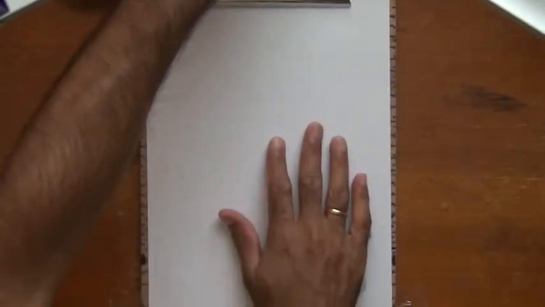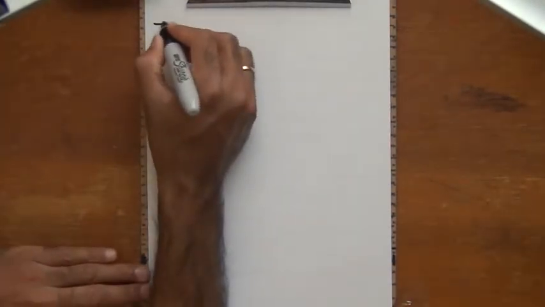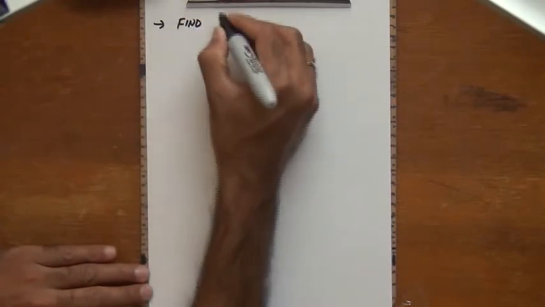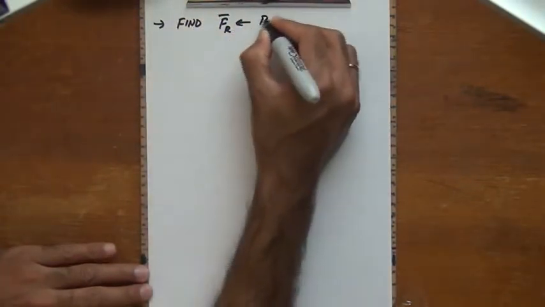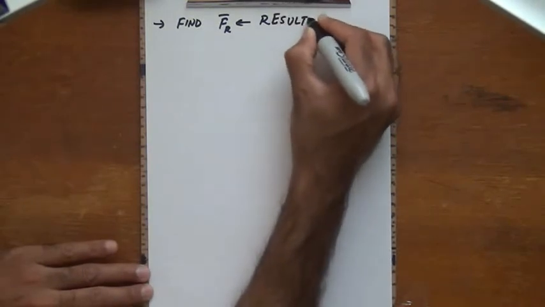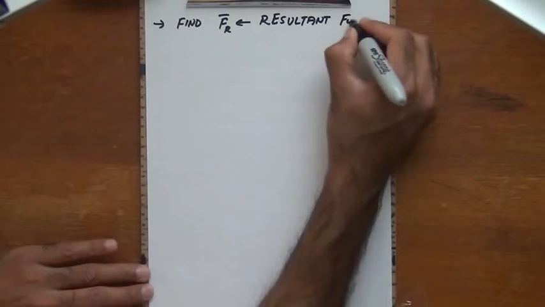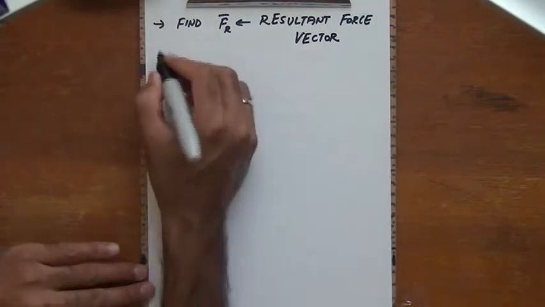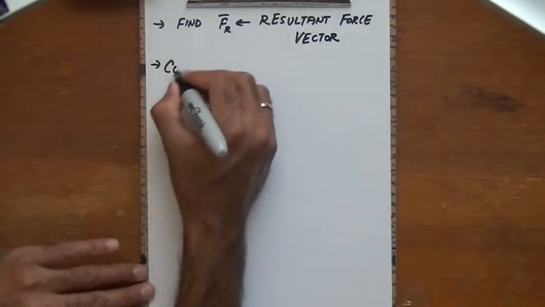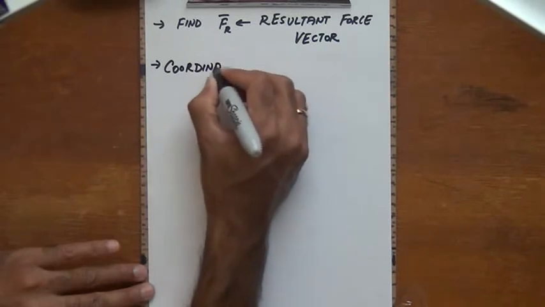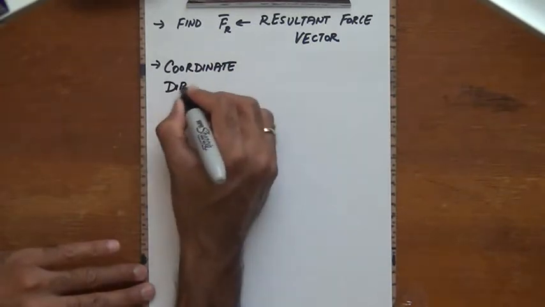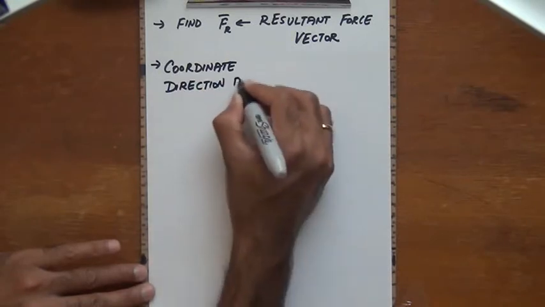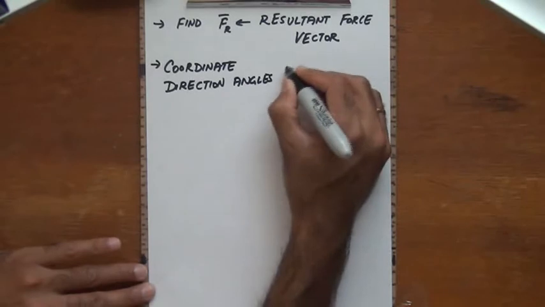So let's look at how we can proceed in this particular problem. So maybe just to write out what we need. So we need to find Fr, which is the resultant force vector, and we also need to find out the coordinate direction angles of Fr.